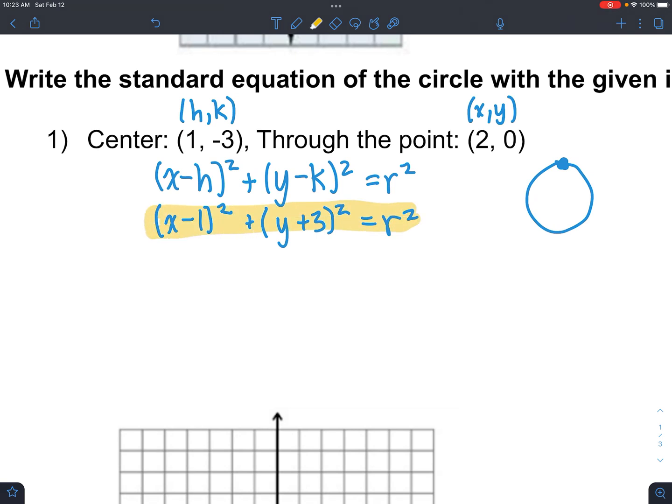Because this is basically our equation, right? This is pretty much the answer. We just need to know what r squared is. So to do that, you're going to plug in x and y.